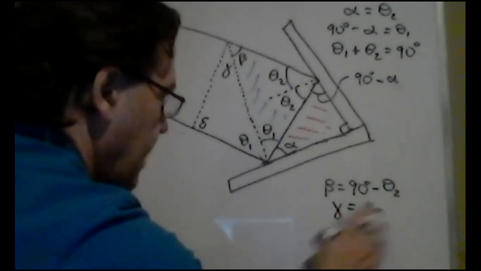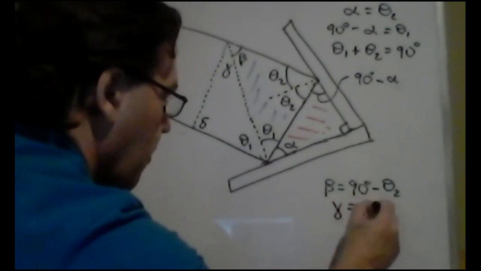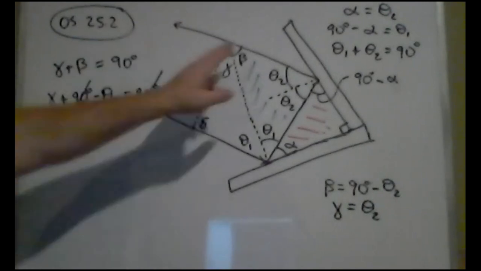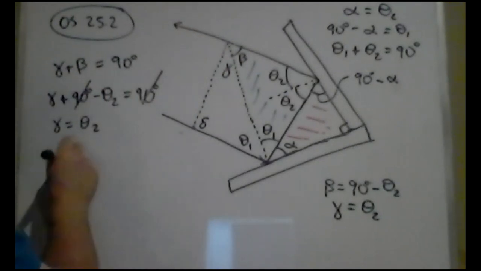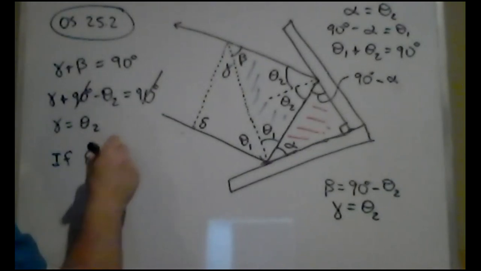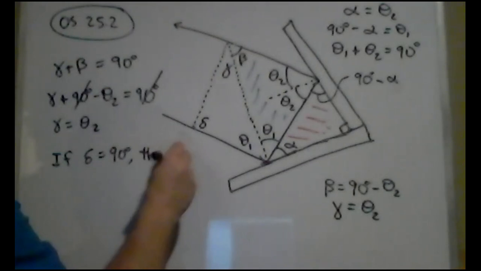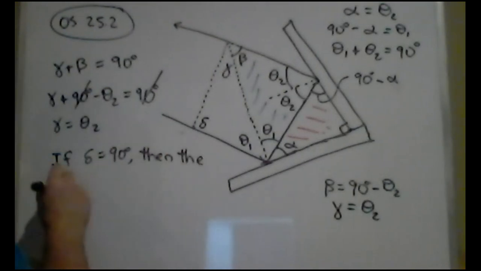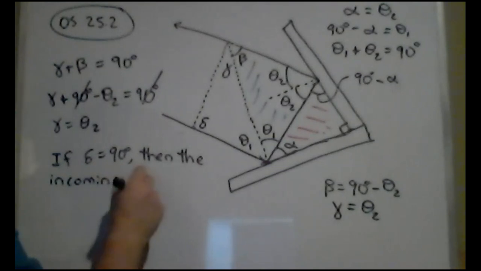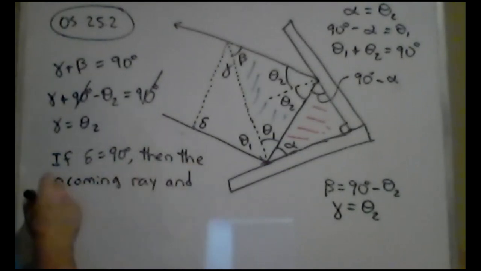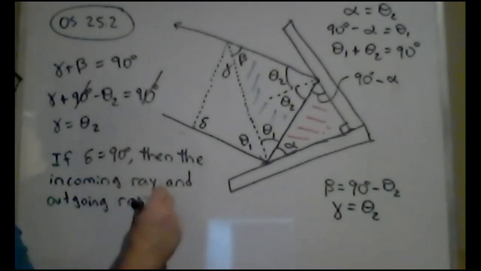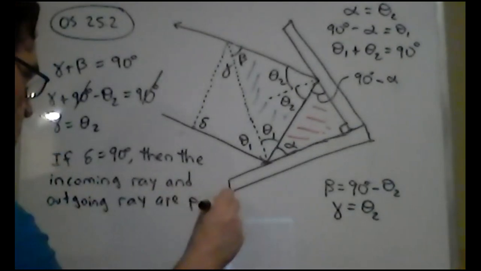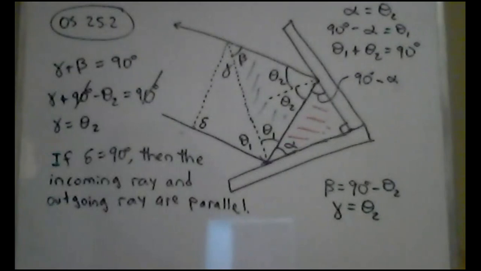Now, I defined these two angles to be 90 degrees. That's how I drew this line. So if delta equals 90 degrees, then the incoming ray and outgoing ray are parallel. All right, that's what's left in my proof.